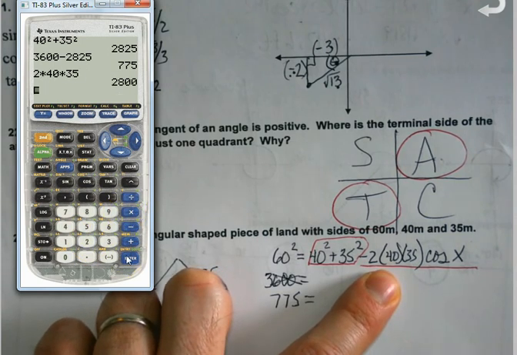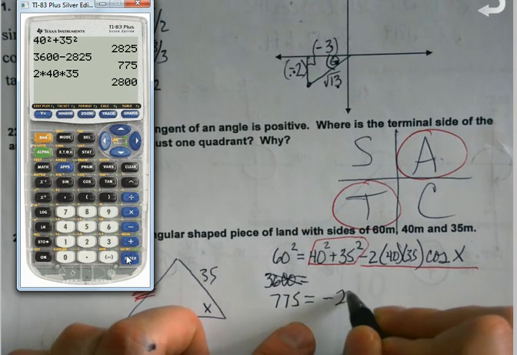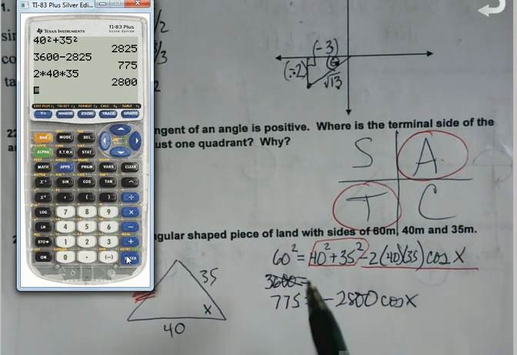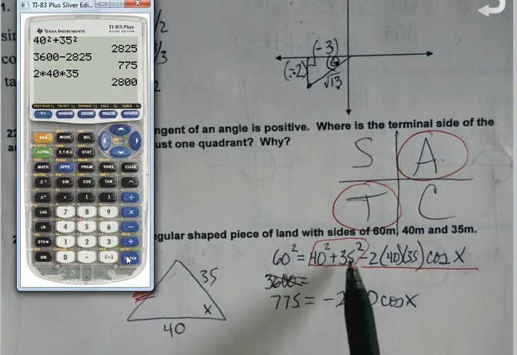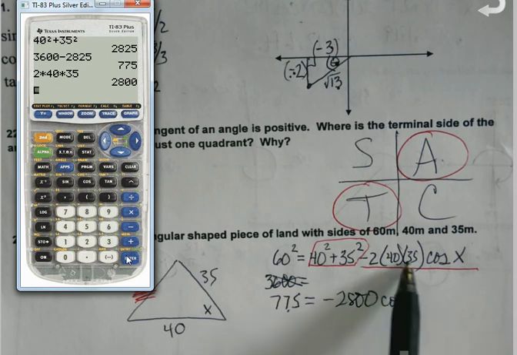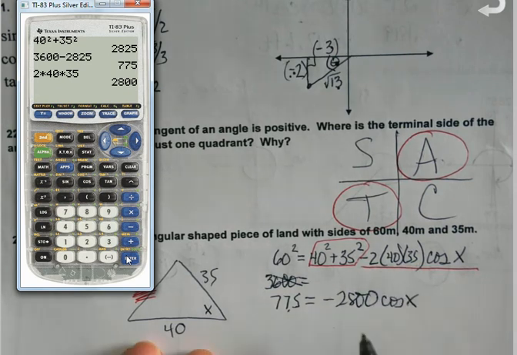So what I've done is I squared the 40 squared plus 35 squared and subtracted it to the other side where the 60 squared is at. That's where the 775 is coming from. And then I went ahead and multiplied these, and now I've just got to go ahead and divide through.